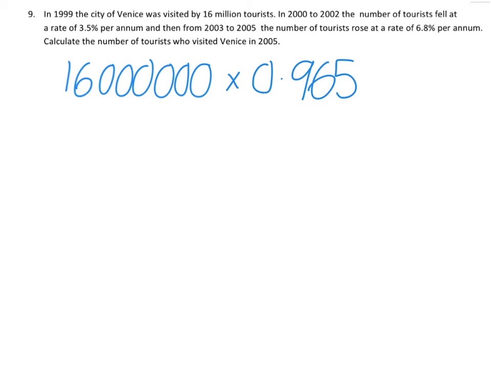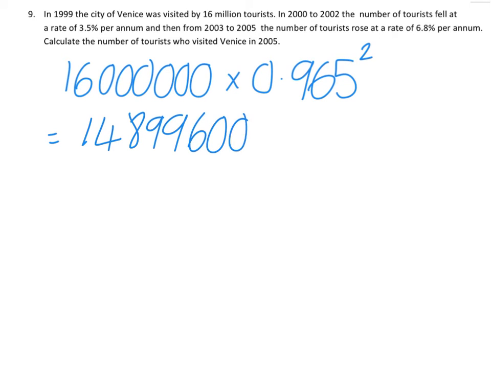It was a 2-year period, so that means we are going to work that out to the power of 2. We can then do this step on a calculator, which gives us a figure of 14,899,600 tourists by the end of 2002.